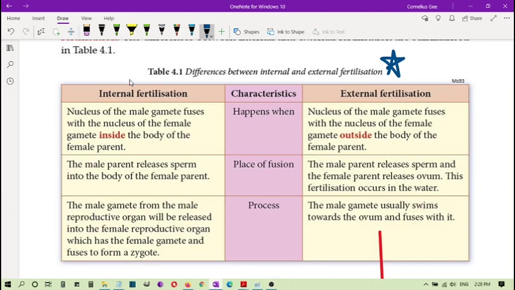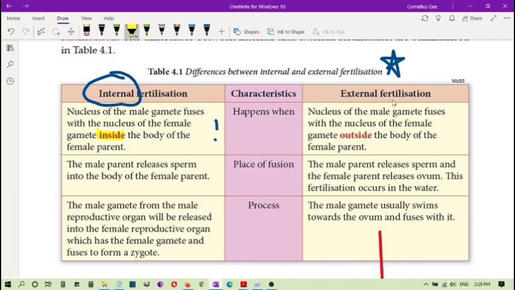The only difference is where it happens. Internal means inside, so it takes place inside the female body. The nucleus of the male gamete fuses with the nucleus of the female gamete inside the body of the female parent.